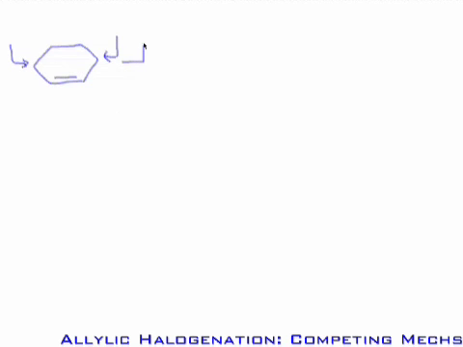And if I hit my cyclohexene with Br2 and H-nu, I could envisage a very selective reaction substituting in the allylic position.